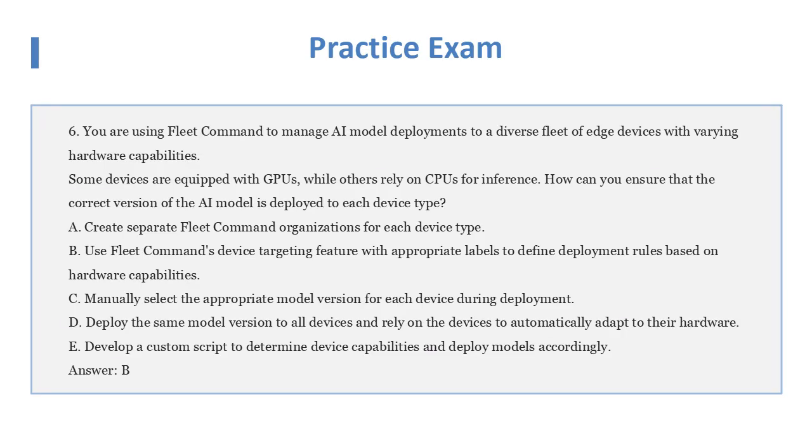B. Use Fleet Command's device targeting feature with appropriate labels to define deployment rules based on hardware capabilities. C. Manually select the appropriate model version for each device during deployment. D. Deploy the same model version to all devices and rely on the devices to automatically adapt to their hardware. E. Develop a custom script to determine device capabilities and deploy models accordingly. Answer: B.